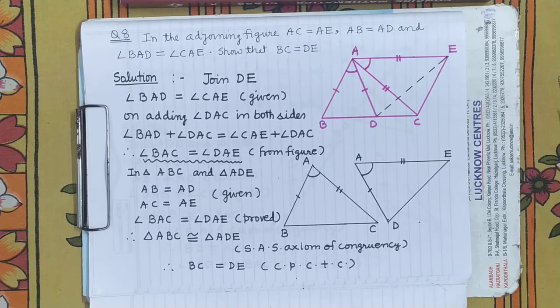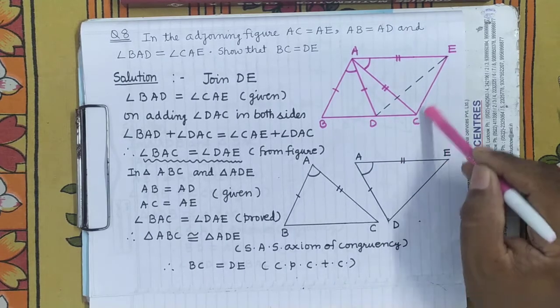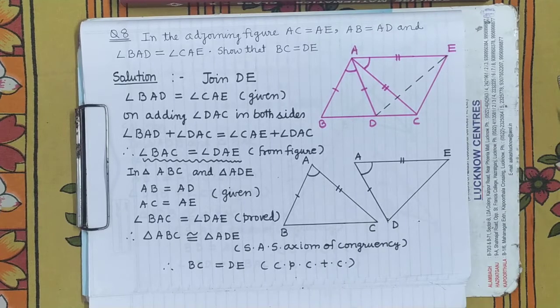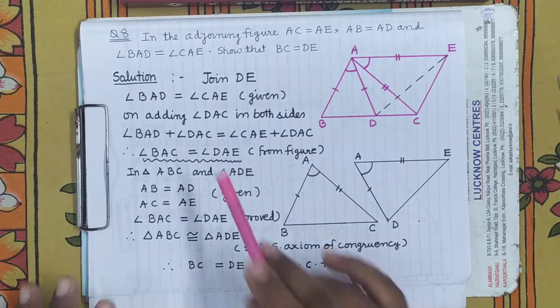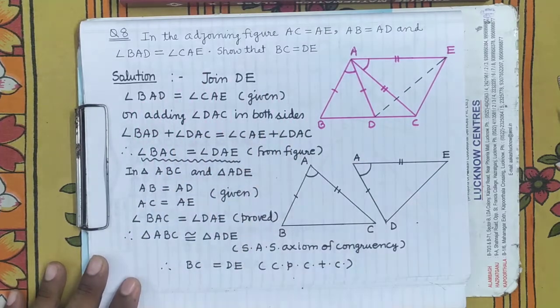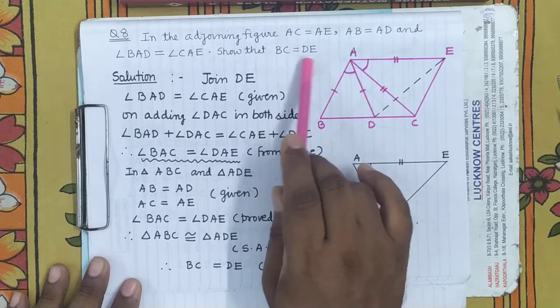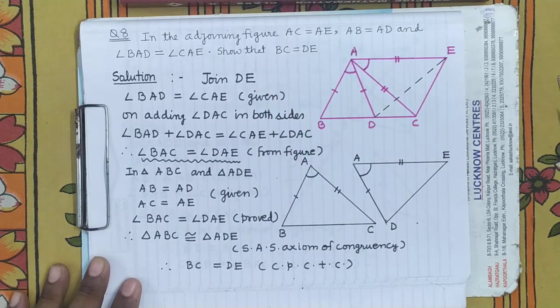Why have you taken this? Why have you not taken triangle DCE? Because DE is coming in that also. Since you have to prove BC equals DE, the triangles which you take must contain BC and DE.